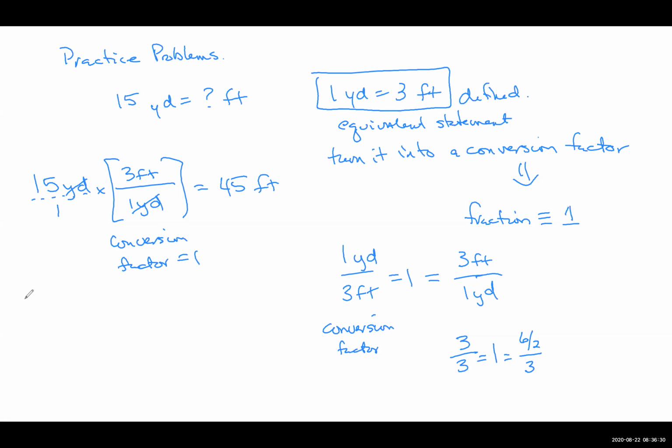So what if it was the reverse way? What if I asked you 15 feet equals how many yards? I would still be using the same equivalent statement, but now I'm going to have to use it in a different version. So now I would start with my given.